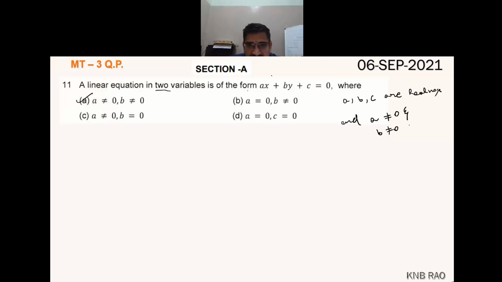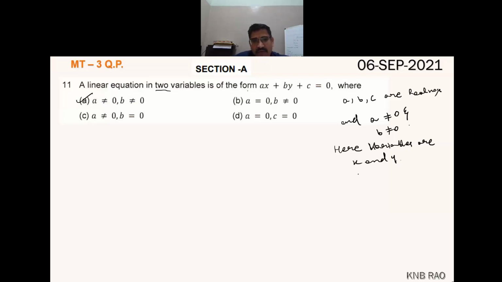Then it is not a linear equation in two variables. It becomes linear equation in only y. If you put b also 0, then entire equation will not have variables at all. Here, variables are x and y.